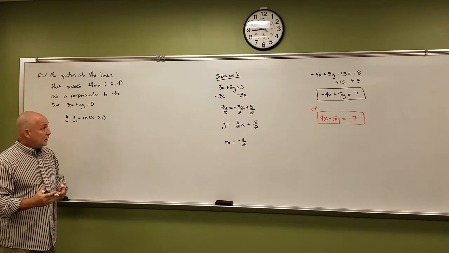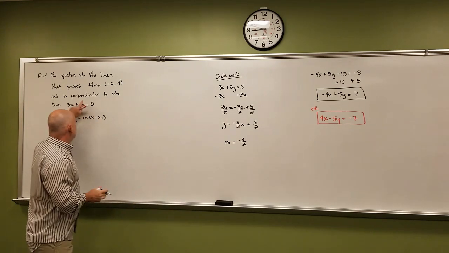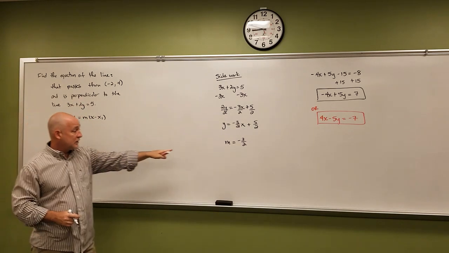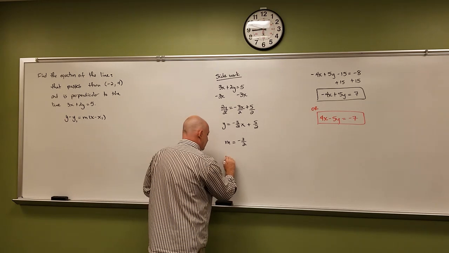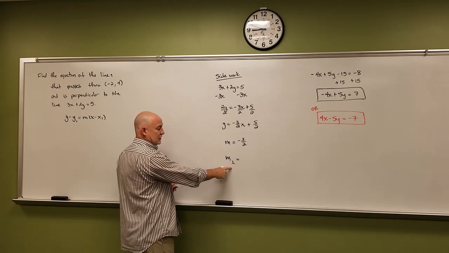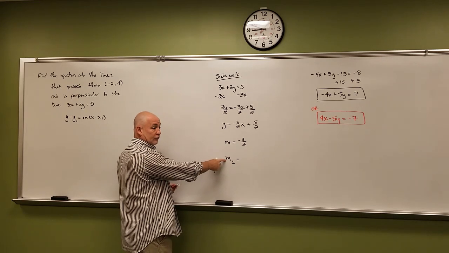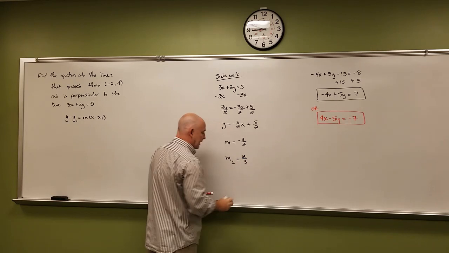Remember, we want to be perpendicular, so we don't want this slope, we want the perpendicular slope. The notation we've seen in the past is the symbol for perpendicular as a subscript. Remember how we do that? We flip it over and change the sign.